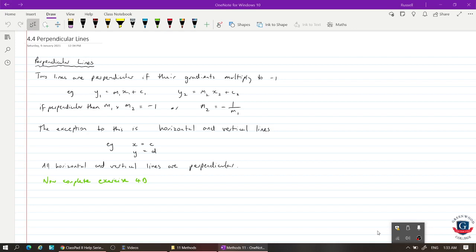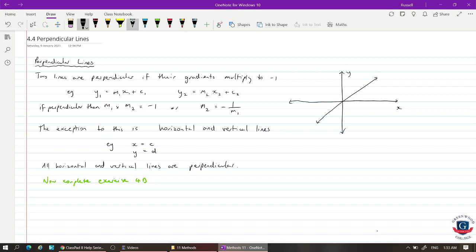So what does that look like? X-axis, y-axis, some line. So there's a line.